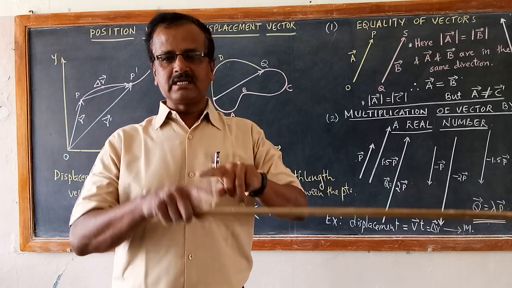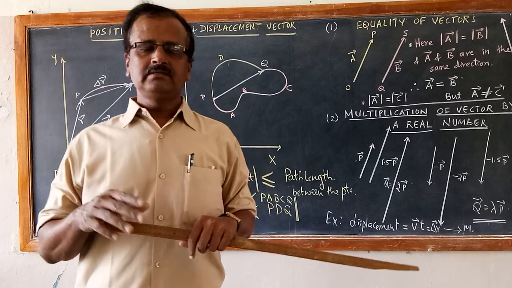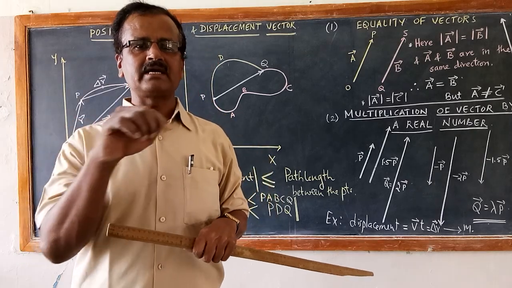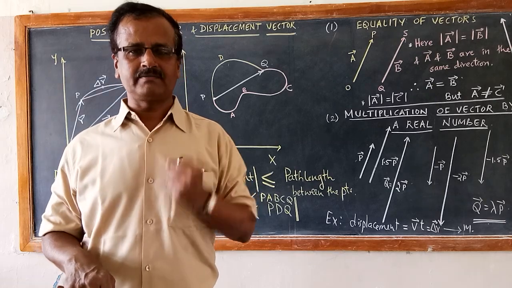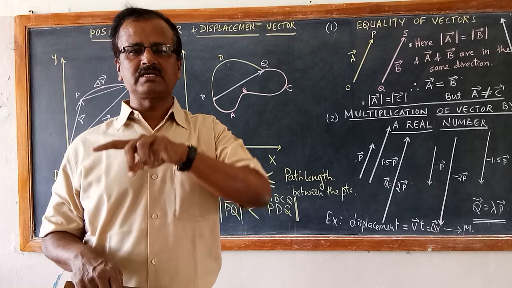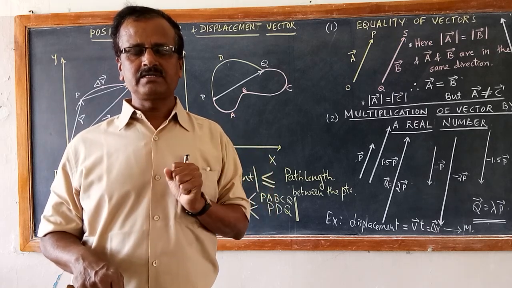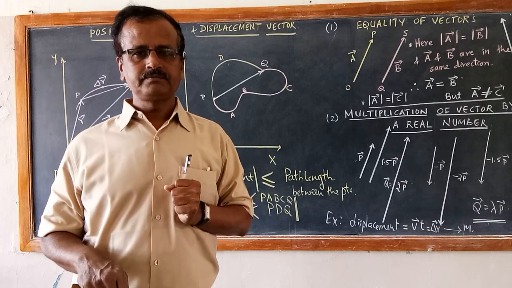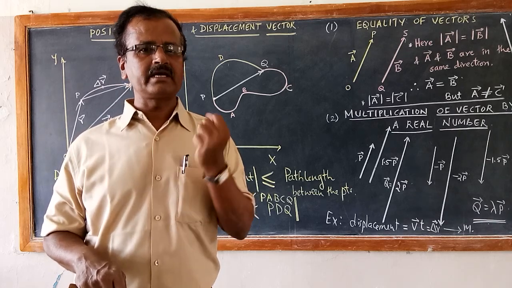If it is a rectangular surface, then if we add the measurements of all the sides of the rectangular surface, it gives us the perimeter. 2 times length plus 2 times breadth gives us the perimeter of the rectangular area. So these lengths and breadths are scalar quantities.